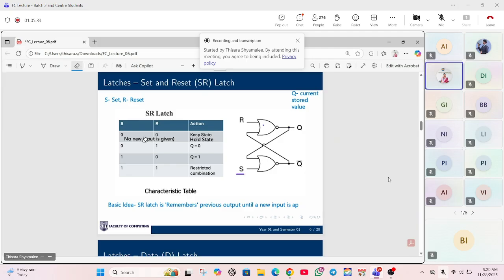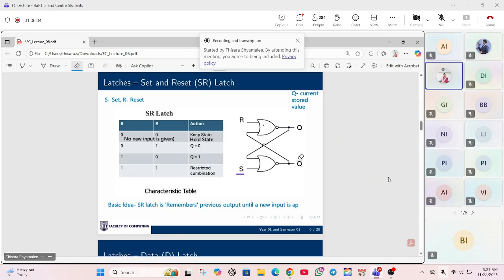When S equals 0, R equals 1, the latch goes into the reset state, and the output becomes Q equals 0. You do not need to worry about how the Q value becomes 0 or 1.